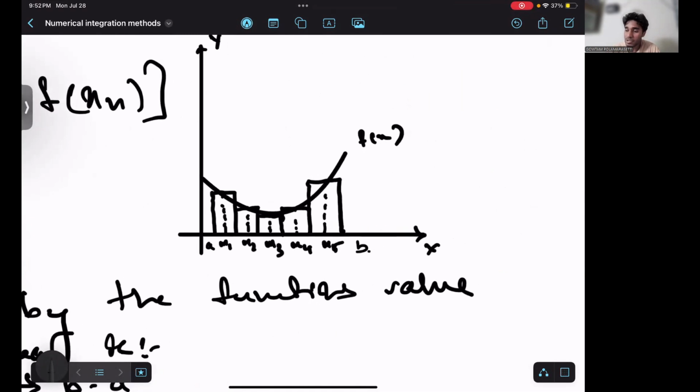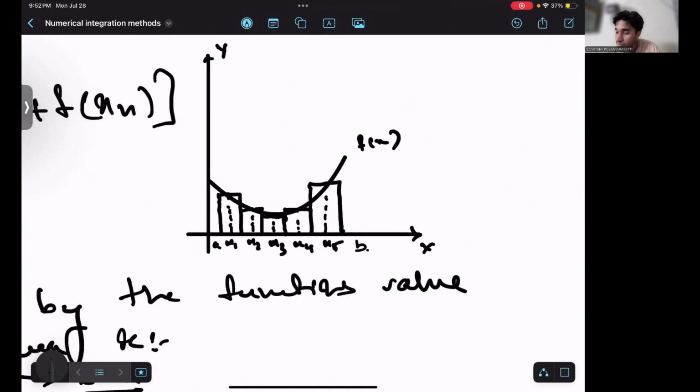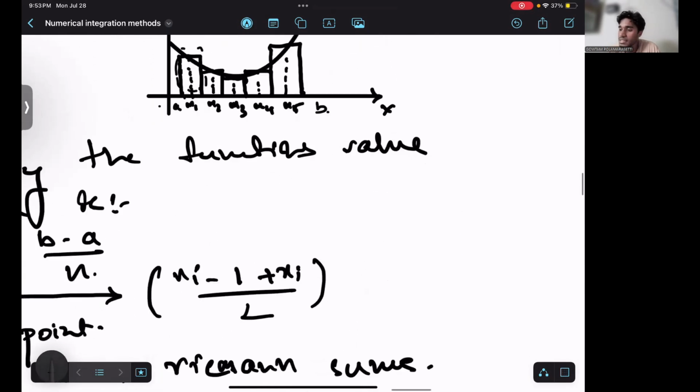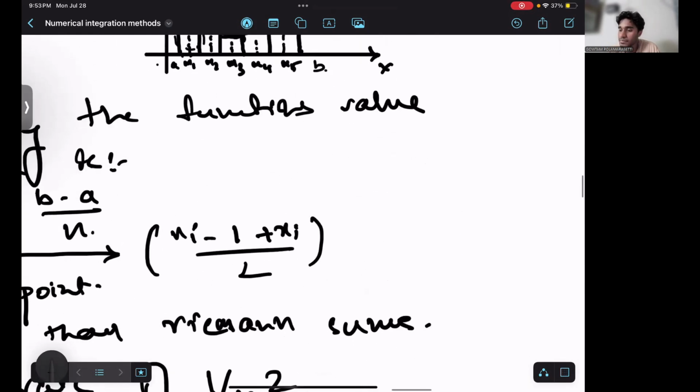Now, what the midpoint rule does is it calculates a midpoint of each subinterval and finds the area of this rectangle, and sums all such rectangles from a to b to get our approximation of the value of the integral of f of x. So let us look into this with an example.